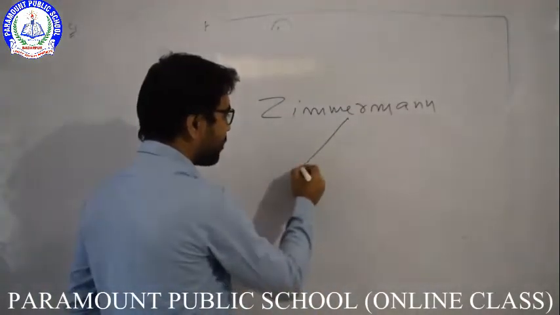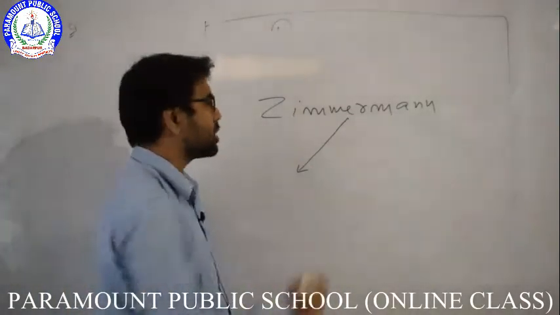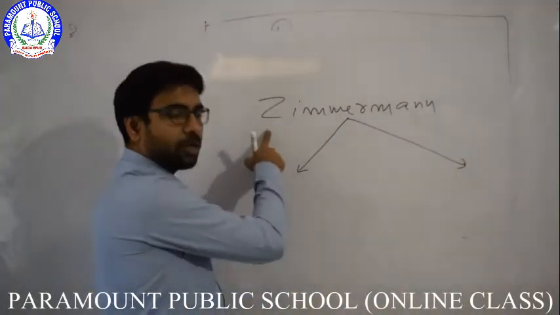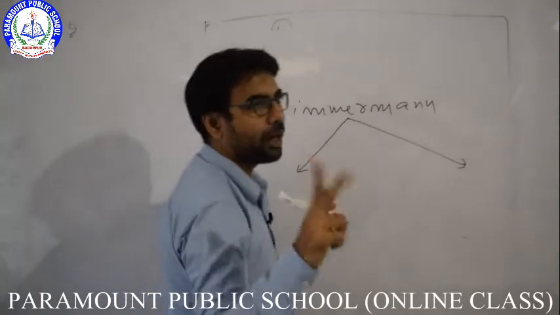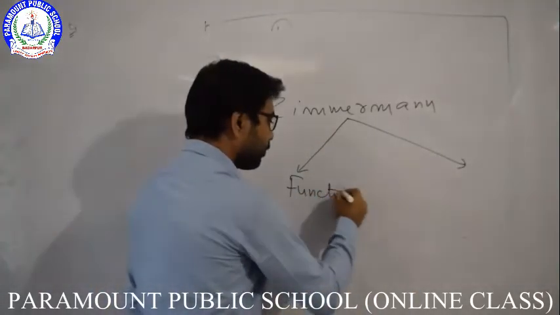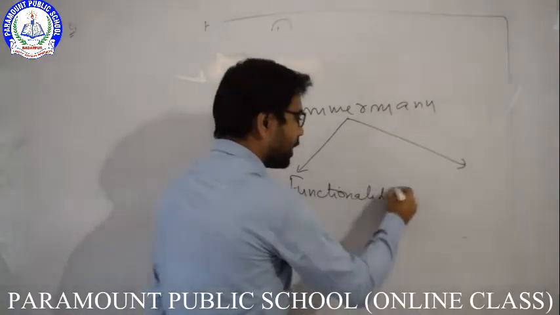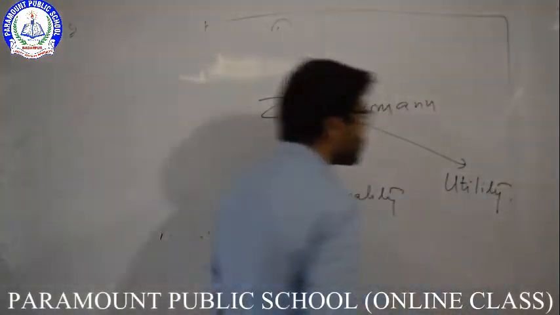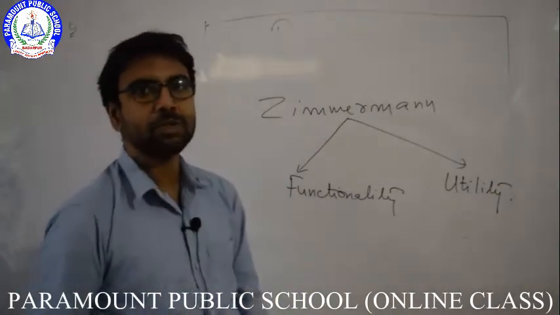Zimmerman says that for anything to be a resource, it must have two qualities. What are those qualities? According to Zimmerman, a resource should have two qualities. One is functionality, and one is utility.